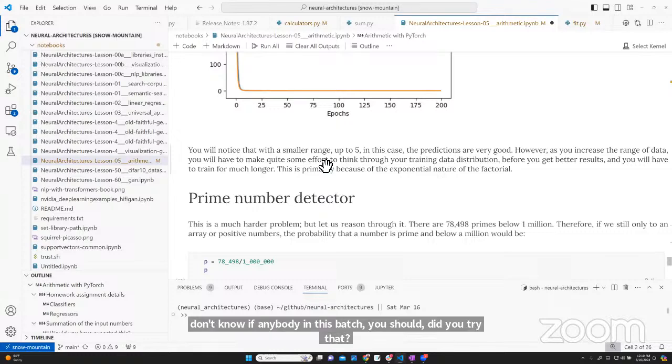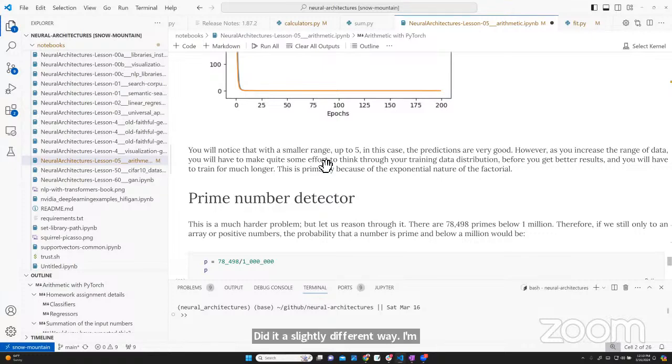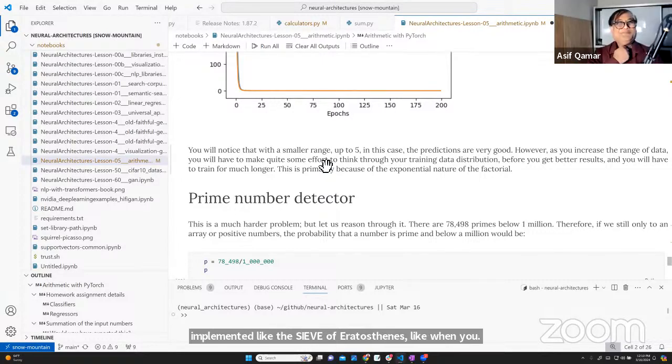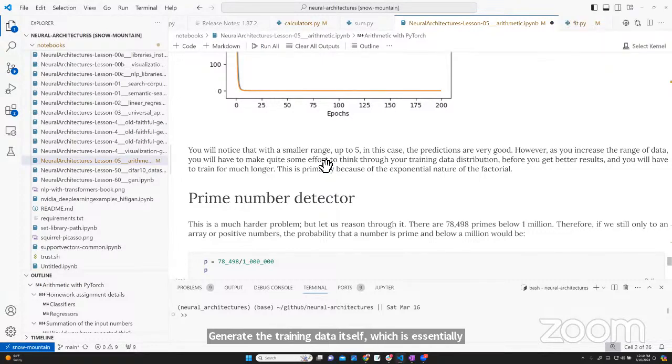I did it a slightly different way. I set my limit to be an upper bound of 100 and then nothing below 0 for the training data. But I also have previously implemented the sieve of Eratosthenes when you generate the training data itself, which is essentially every time you find a prime, check it against the existing known primes, or see if the closest prime to the square root of this number is a factor.